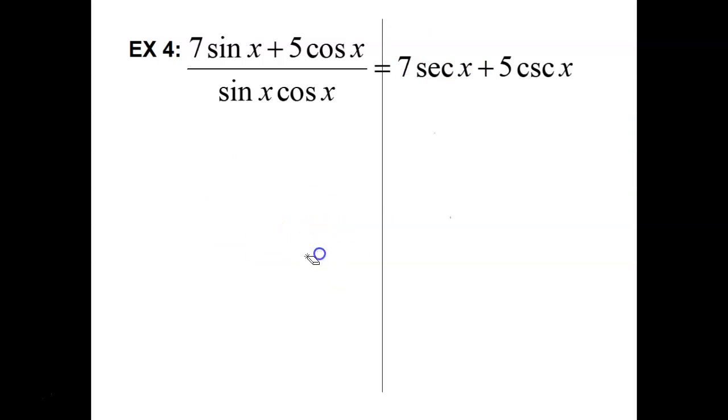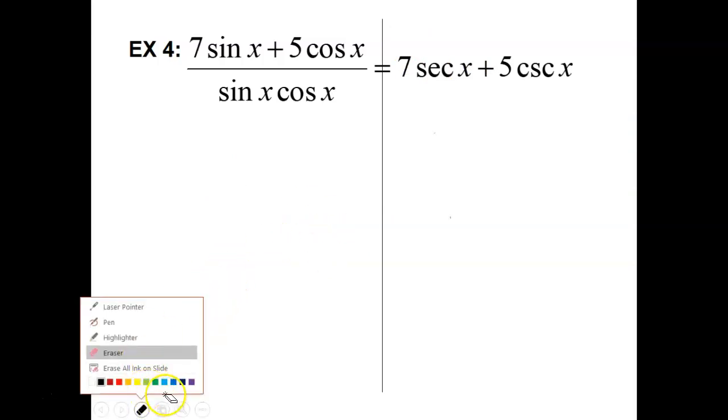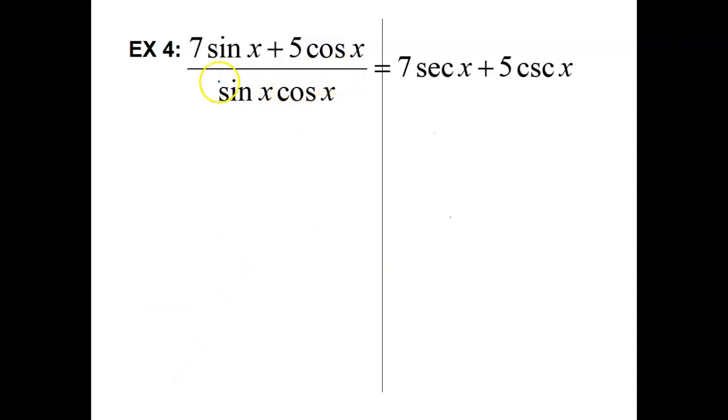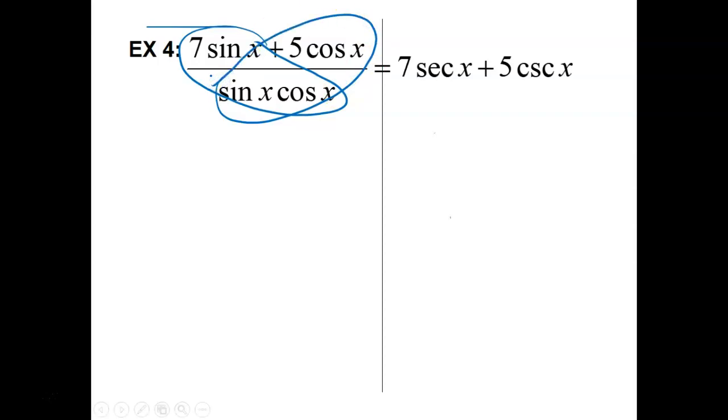So, have I told you guys about the love connection? Have we done the love connection any? Okay, so when you have something in the denominator that is just a single term, you can divide both terms in the numerator by that term. Miss White used to always call it the love connection because if you circle them like that, it kind of looks like a heart there.